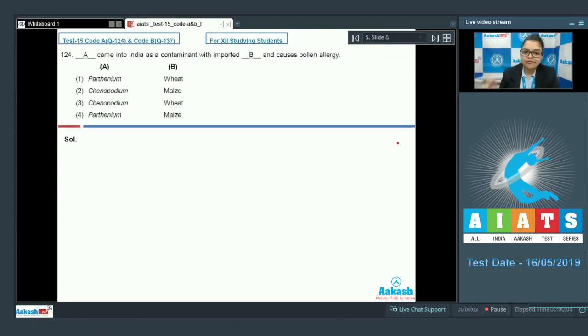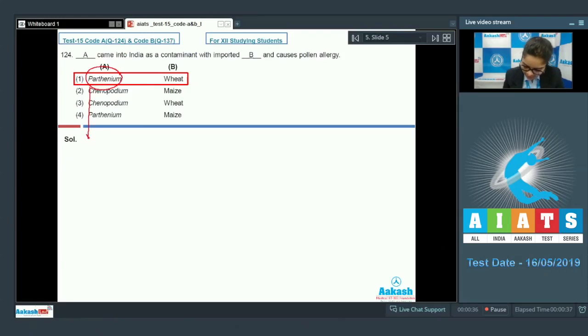Alright, question number 124 is, you have to fill the blanks. Dash came into India as a contaminant with imported dash and causes pollen allergy. So you can see we have to fill the blanks A and B. In option 1 we have Parthenium and wheat. In option 2 we have Chenopodium and maize. In option 3 we have Chenopodium and wheat. In option 4 we have Parthenium and maize. So bache, here the correct one will be option 1, Parthenium and wheat.